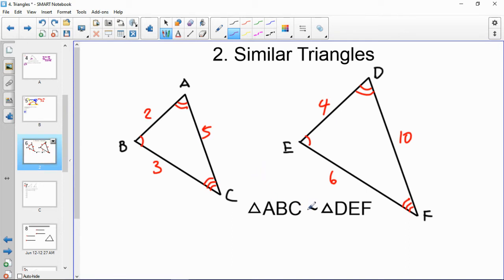The squiggly symbol here basically refers to is similar to. So I am saying triangle ABC is similar to triangle DEF. And 2 rules happen when you say 2 triangles are similar. First of all, corresponding angles are congruent.